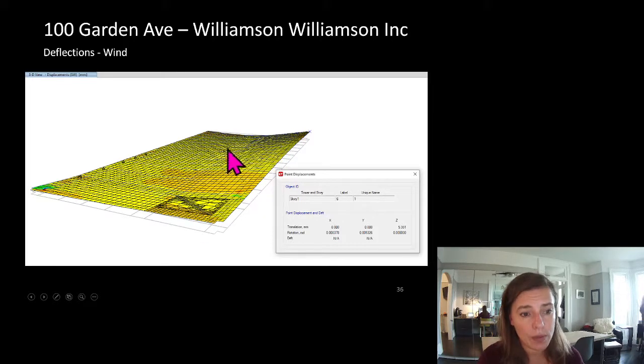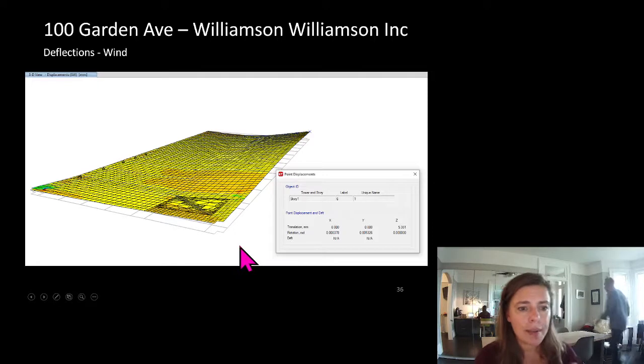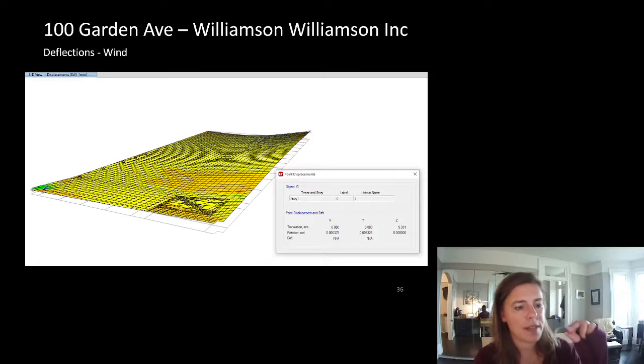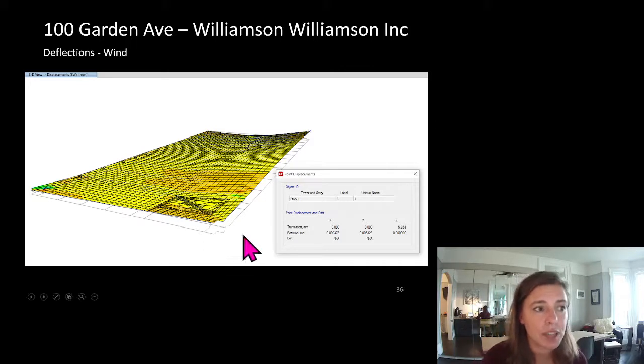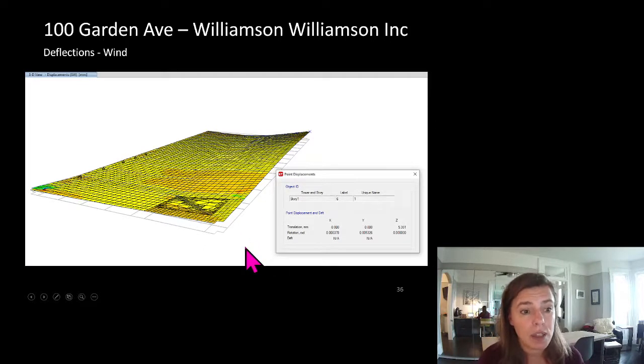We talked about what those deflections were and if they were comfortable with that. And 10 millimeters is less than half of an inch. So it's a very, very tiny amount of deflection under an extreme snow event. So they were very comfortable with that amount of deflection, considering there was no finishes that could be damaged on it.